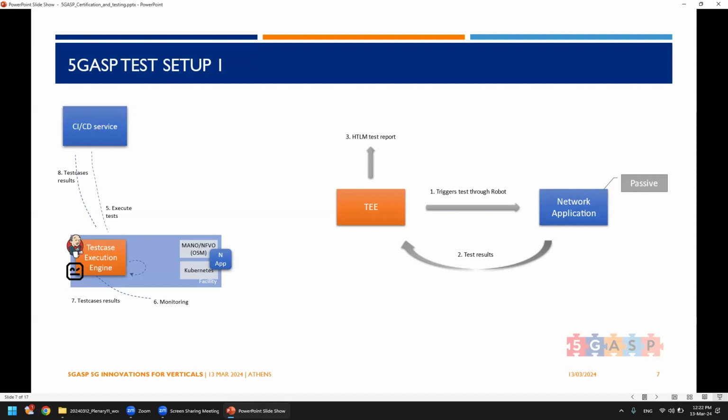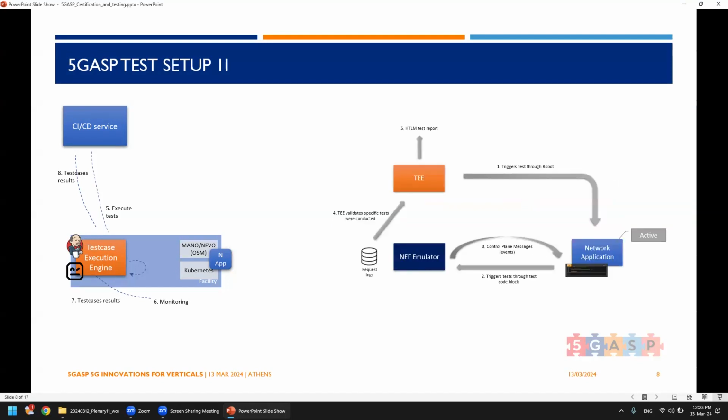The network application does not interact with these scripts, and the test results are aggregated and reported back to the test execution engine, comprising an HTML test report output, as Robot does, and forwarded towards the CI/CD service.